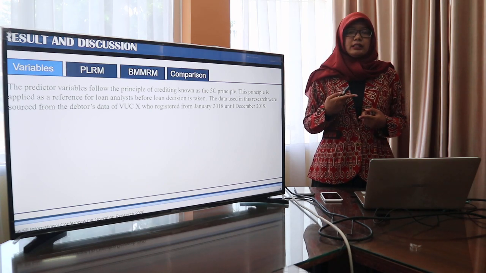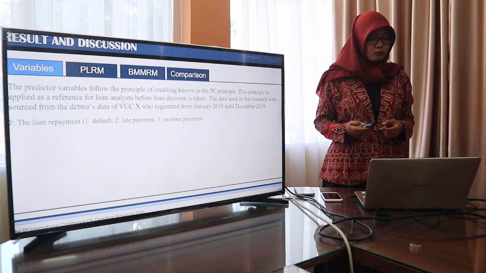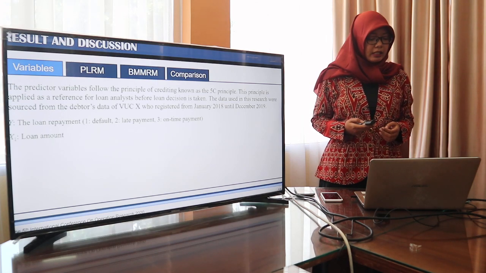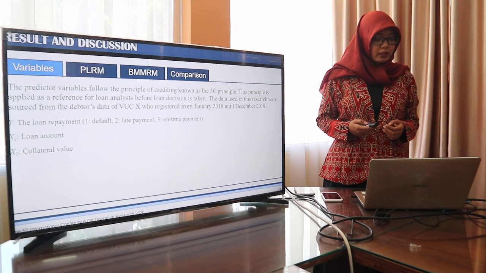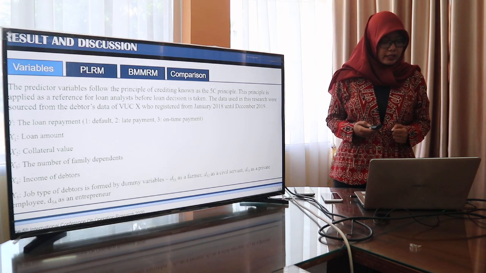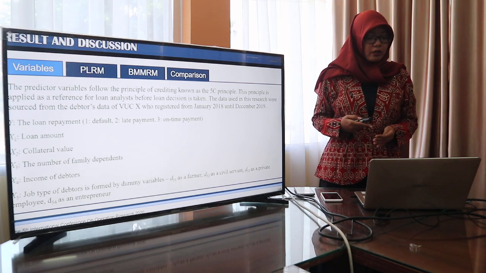The variables in this study use data recorded in VUC-X from January 2018 until December 2019. Y is the response variable, loan repayment with 3 categories, and then x1 is loan amount, x2 is collateral value, x3 is the number of family dependents, x4 is income of debtors, and x5 is job type of debtors with 4 categories.